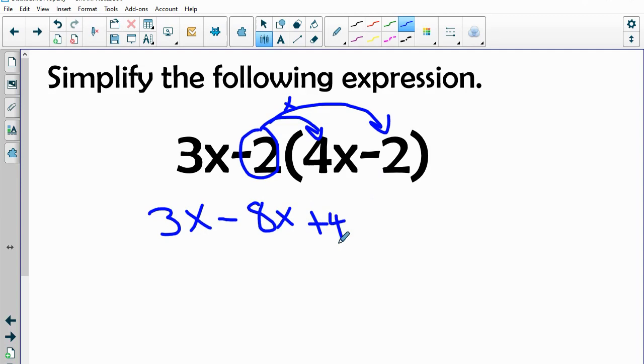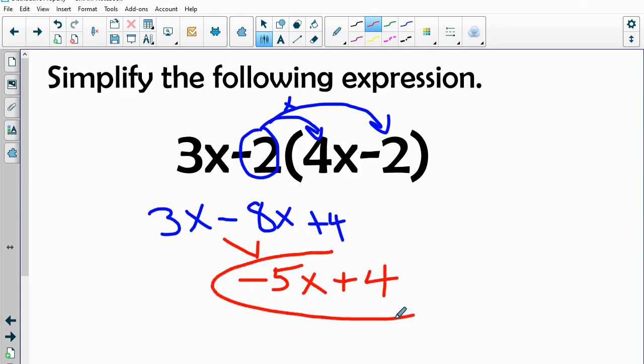So when I multiplied -2 by each of those terms inside the parentheses, that's what I ended up with. So now I can combine the 3x and the -8x. Those combine to give you -5x. And you have +4 on the end. And that is your final simplified expression.